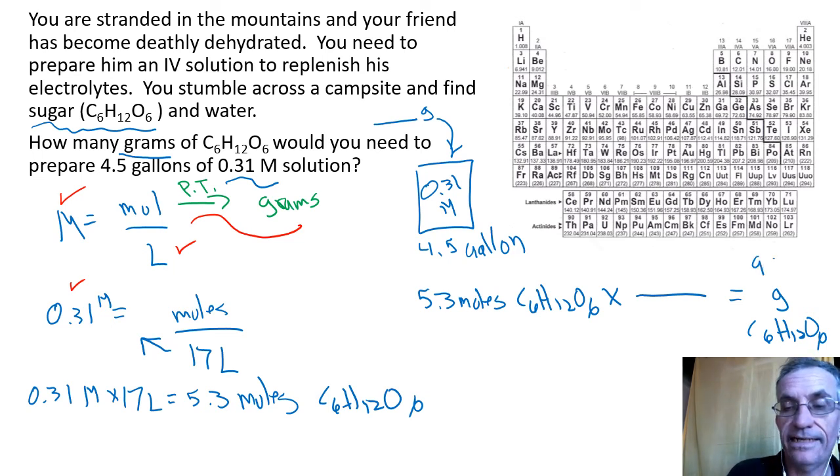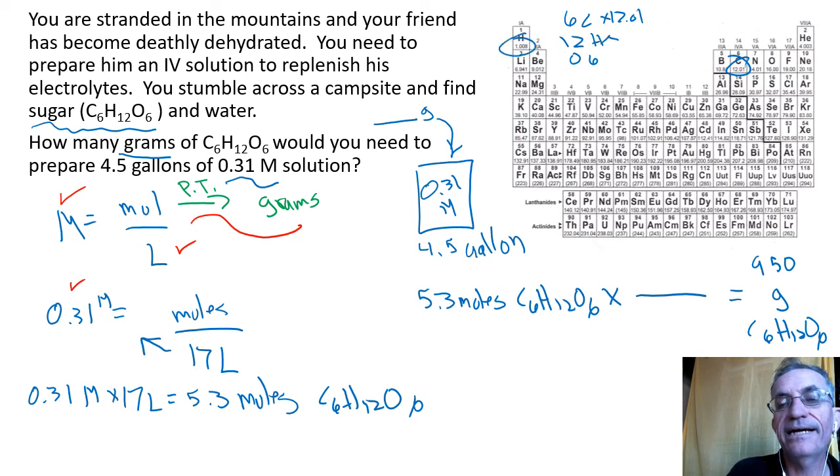Let's work it out just to prove it, to make sure. Add up the weights off the periodic table. 6 carbons, 12 hydrogens, 6 oxygens. 12 from carbon. 1 from hydrogen. Oh, I wrote this backwards again. I don't know why I'm doing that. 16 for oxygen. When you add up the weights, it adds up.